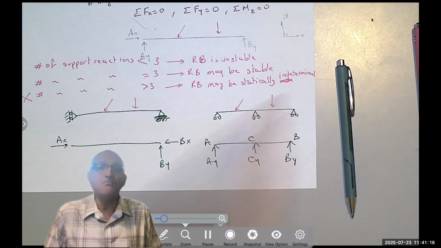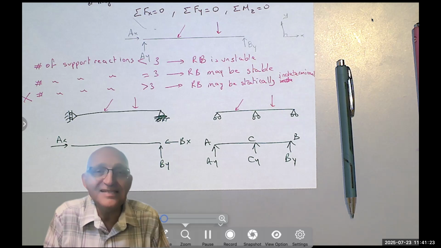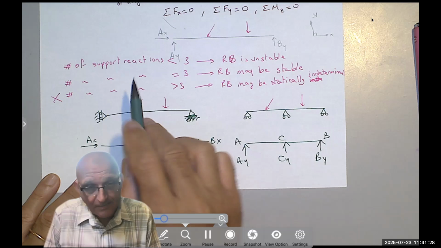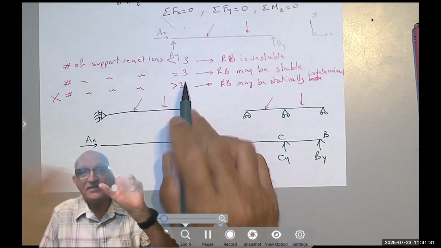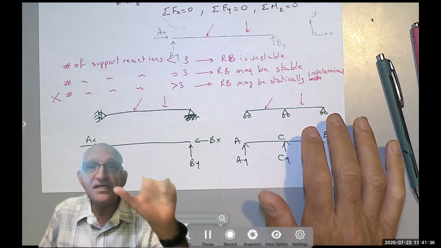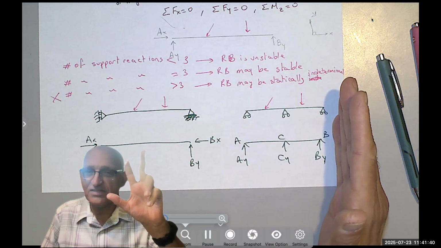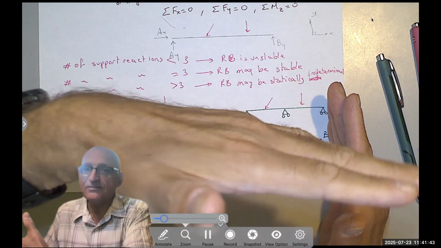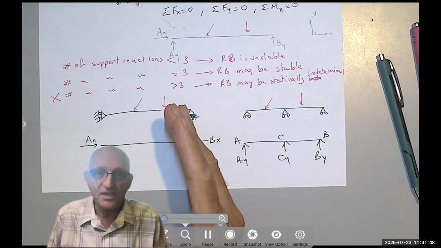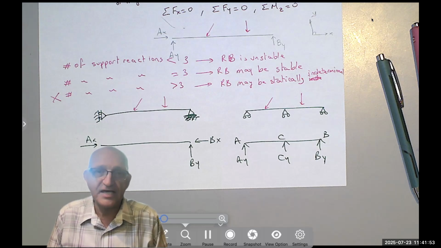All the reactions are parallel to one direction, so they cannot prevent motion perpendicular to that direction. So the number of support reactions has to be three, provided that these three support reactions are not parallel, because if they are parallel, they cannot prevent motion normal or perpendicular to that direction. These are parallel to the y, so they cannot prevent horizontal or x motion.